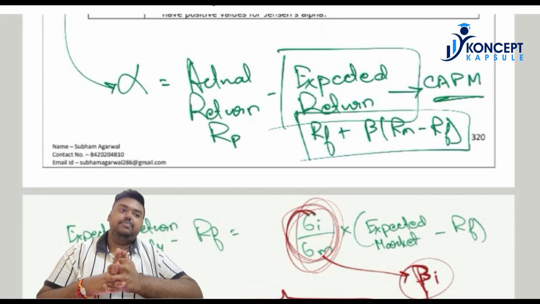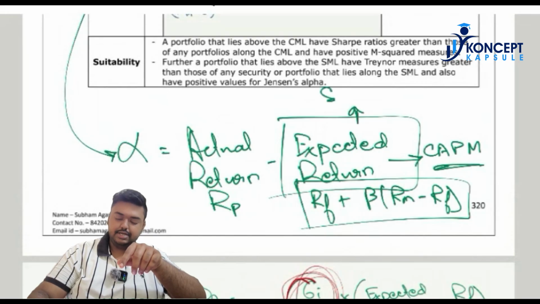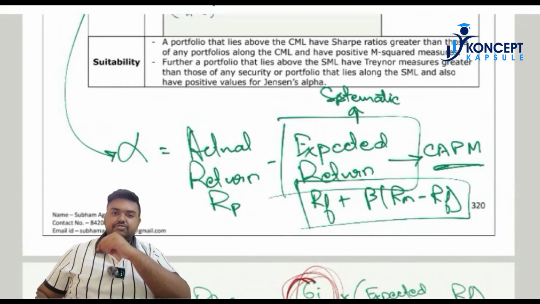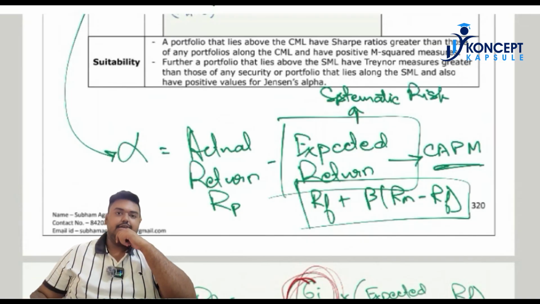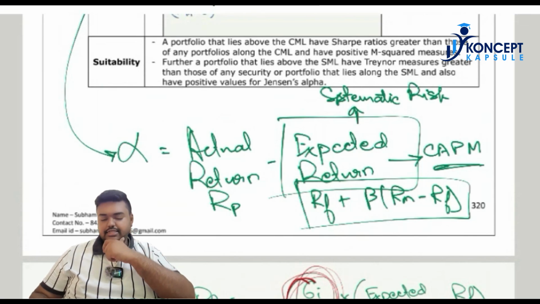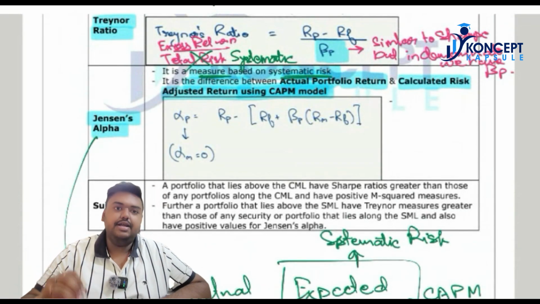So what does it mean? It means that this expected return is computed basis systematic risk, correct? Since you are using beta instead of sigma, can we say this expected return is calculated basis the systematic risk that you are taking in your portfolio? Correct. That is why we are mentioning that it is a measure based on systematic risk.